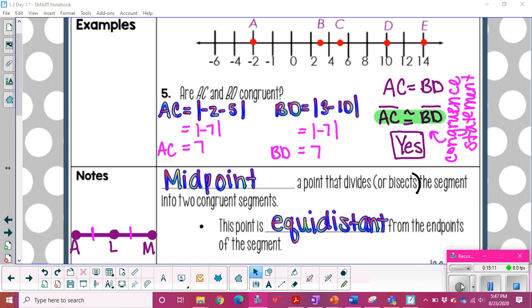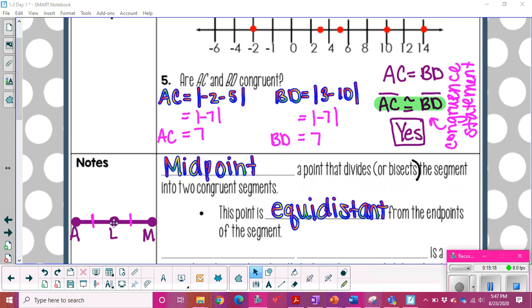Those two segments, AL and LM, have matching congruent marks, meaning they're the same. That means point L is equidistant to point A as it is to point M. So equidistant means it's the same distance.